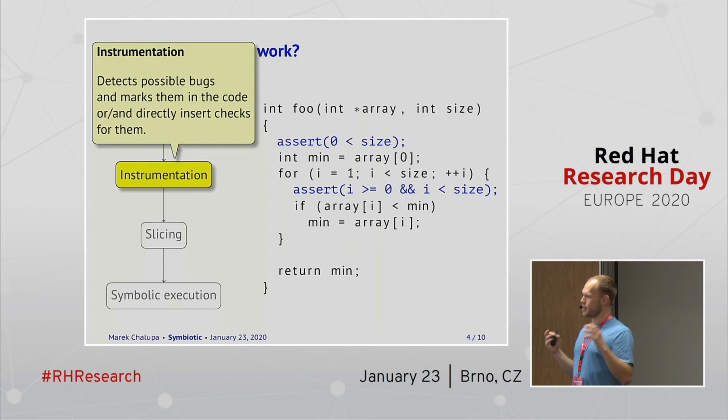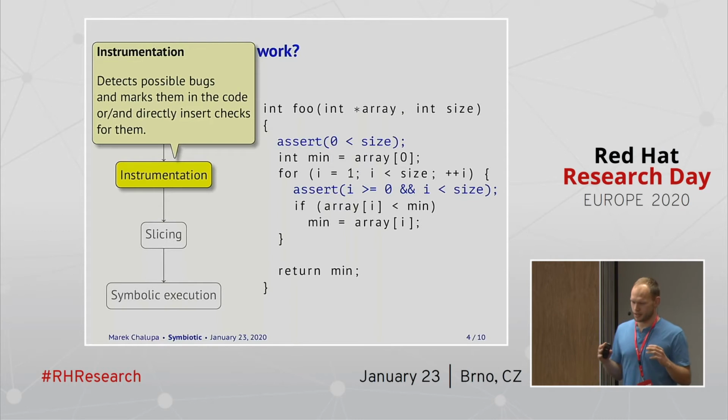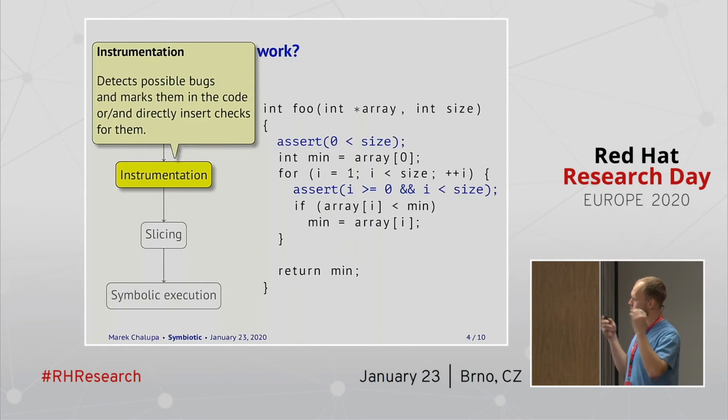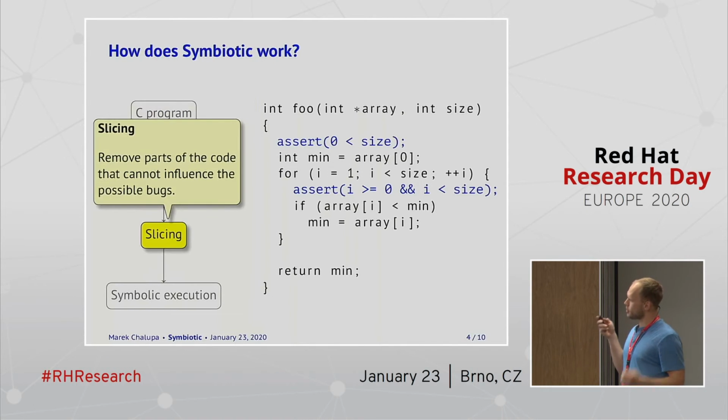Actually, the main purpose of instrumentation is not to insert the checks as such, but to highlight the places in the program where the program can go wrong. That is important for the next phase, which is program slicing, that takes the instrumented program and removes from it all the parts or statements that cannot influence the highlighted possible error locations.